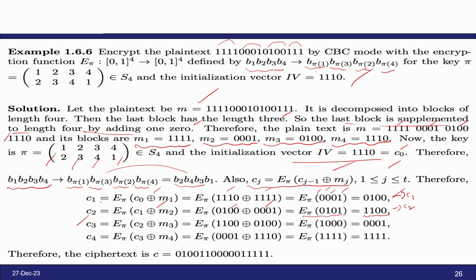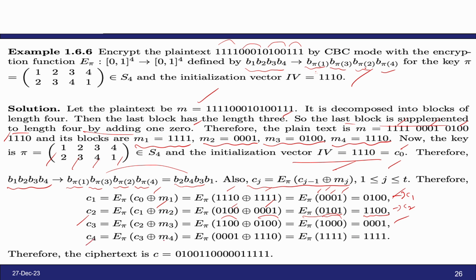Similarly, C3 equals E pi of C2 XOR M3. So E pi of 1 1 0 0, this value we got, and this value we also know; add them, and then the result is E pi of 1 0 0 0 maps to 0 0 1 0, because 4 maps to 1, and then once again when all 1 1 comes, it is the identity.